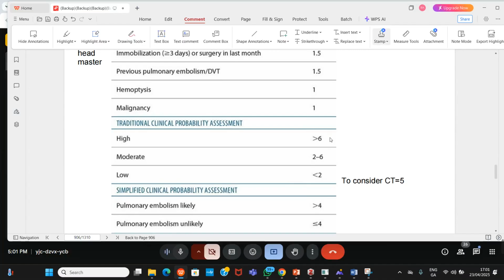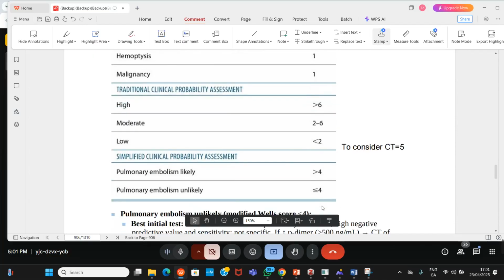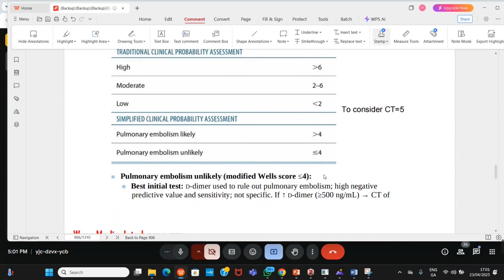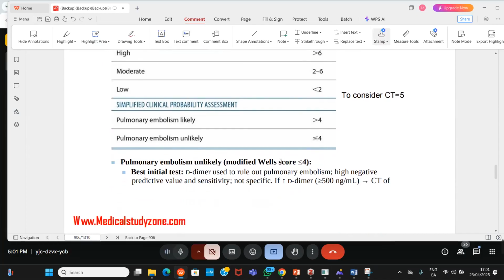If PE is unlikely, because you are getting a value of 4 and less, you do a D-dimer. But if you get a value of more than 4, fine, good. But when I get a value of more than 6, like 7, I'm not going to be waiting to do a CT angio or CT scan.